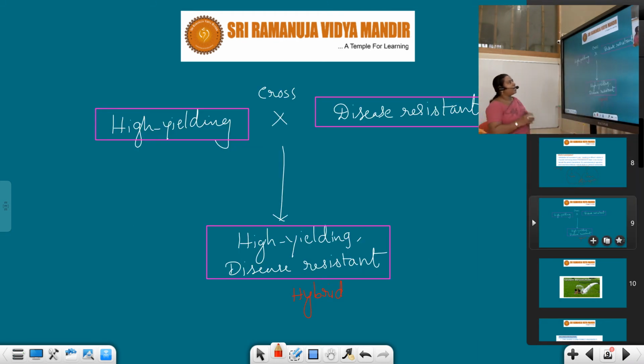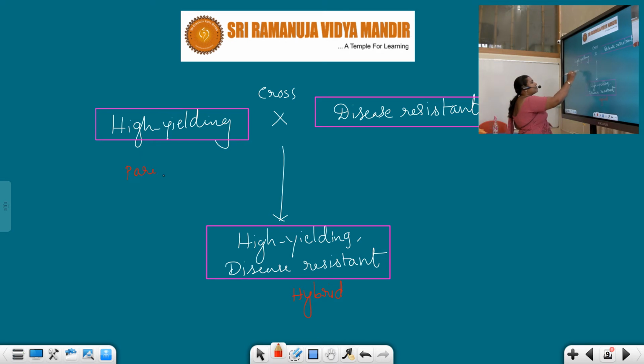Let us go for the detailed explanation of hybridization, students. Here I am selecting two different species, the parent plants, parent 1 and parent 2. Parent 1 has high yielding capacity, whereas parent 2 is a disease resistant variety.